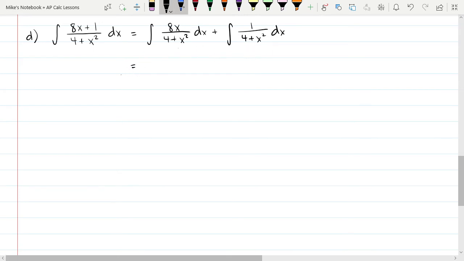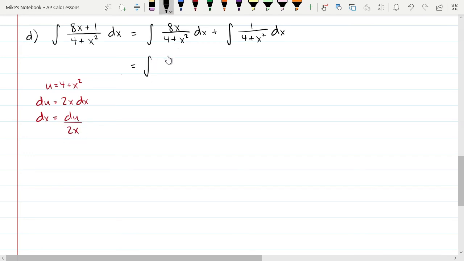For this first one, I would let u equal my entire denominator. So for this first one, I'm going to let u equal 4 plus x squared. So that means du is going to be 2x dx, or in other words, dx becomes du over 2x.